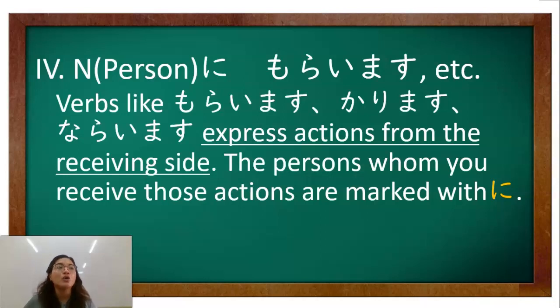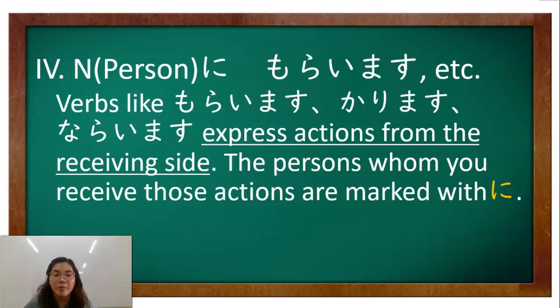Ito naman yung mga tumanggap ng action. Moraimasu is to receive, karimasu is manghiram, and naraimasu, matuto. Again, moraimasu, nakatanggap. Karimasu is nanghiram or manghihiram. Naraimasu is matututo or natuto.